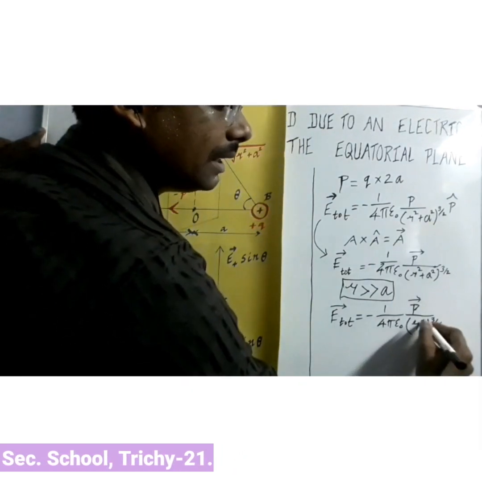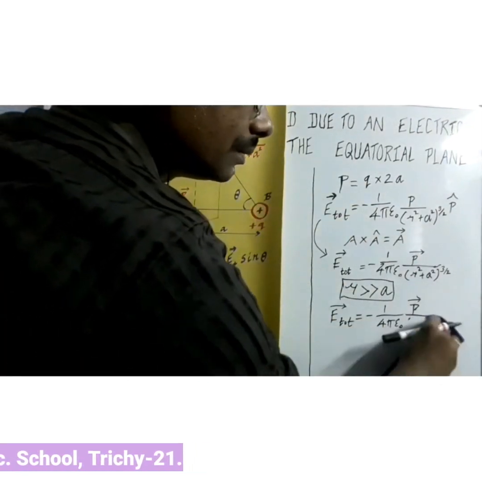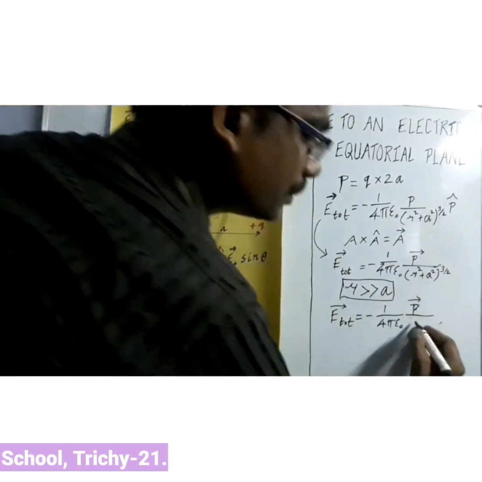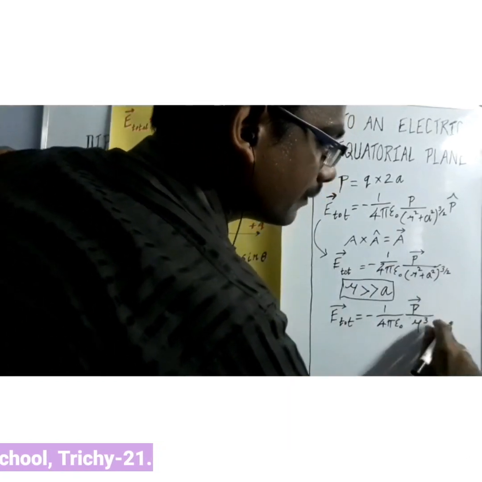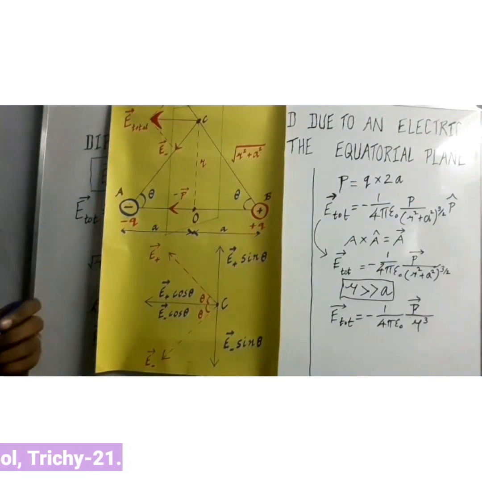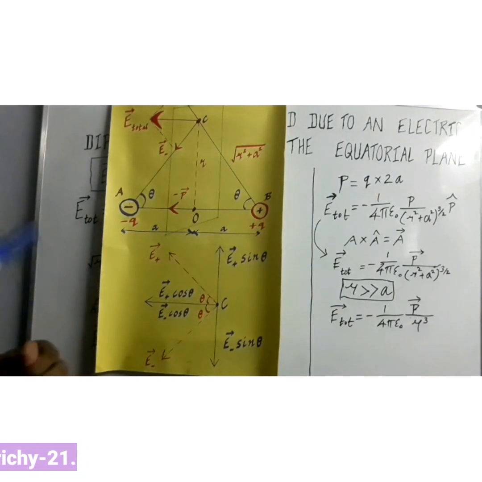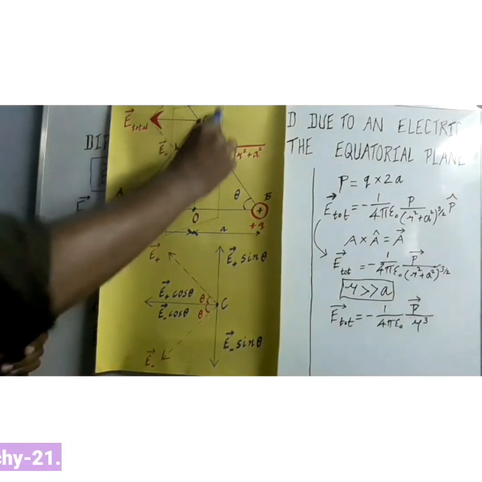Here the 2 can be cancelled. Then what will be the new value? r cube. So this is the expression for the electric field due to an electric dipole at a point in the equatorial plane.